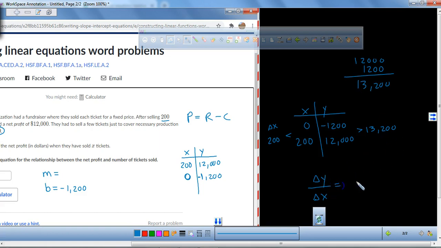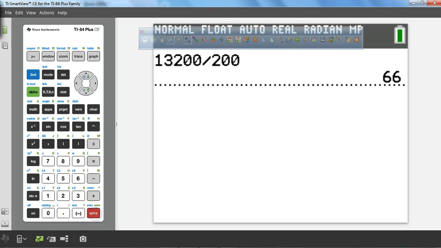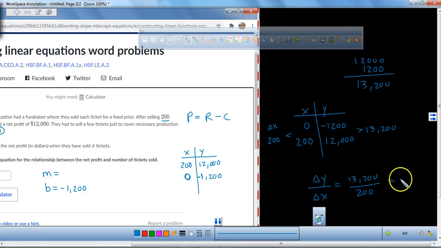So change in y over change in x, I'm going to take 13,200, I'm going to divide it by 200, and that's going to give me my slope. All right? So all we're going to do is we're going to take the old graphing calculator, type in 13,200 divided by 200, gives us 66. So that right tells us the price of the ticket. So it looks like it costs $66 per ticket. That's going to end up being my slope.